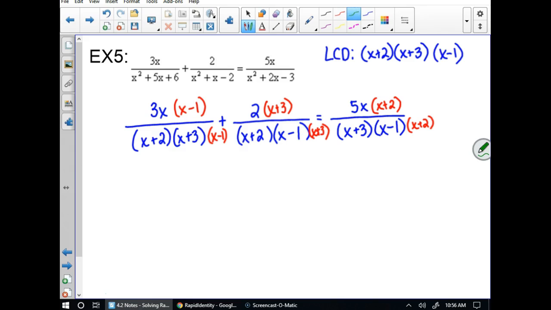So since you have common denominators, we can just mark that out. And so we just keep our numerators. We've got 3x times x minus 1 plus 2 times x plus 3 equals 5x times x plus 2.